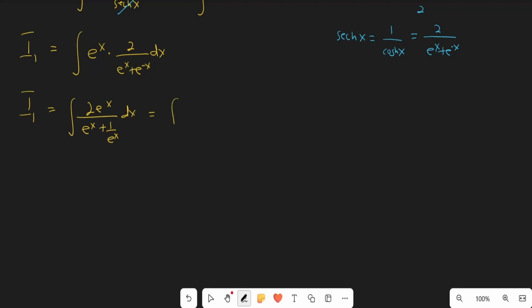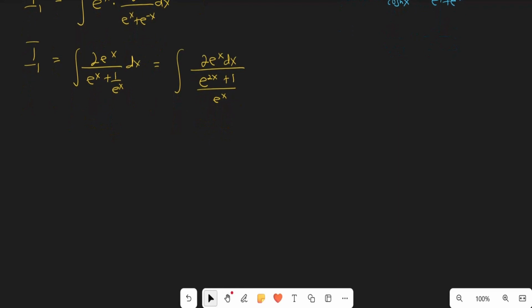That is this guy. And this is equal to what? So this is equal to the integral of 2e to the x dx on top, divided by, this is e to the 2x now plus 1 all over e to the x. So multiply top and bottom by e to the x. So we'll do it here for you to see. If we are going to do that, we have to multiply here by e to the x, and then we do the same thing to the bottom, e to the x as well.